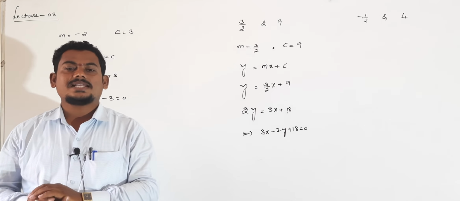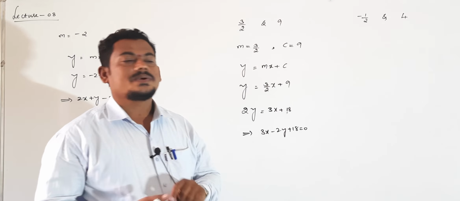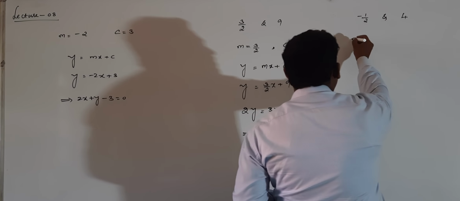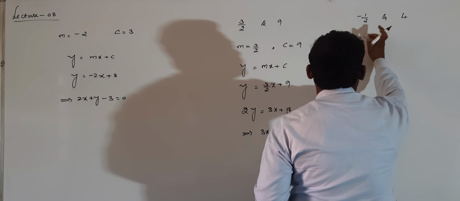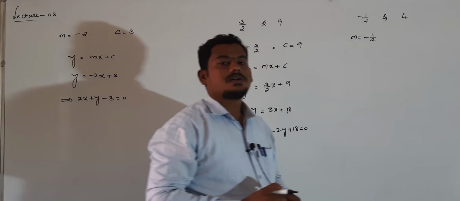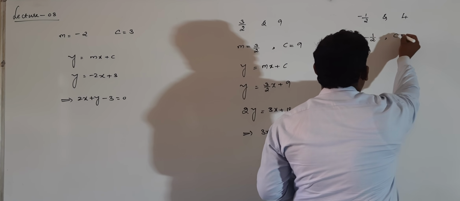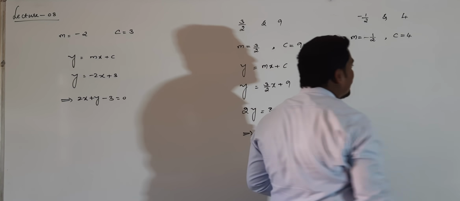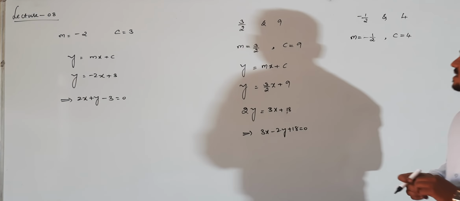The slope of the line and the y-intercept. Slope means small m value, right? Small m is equal to -1/2, and y-intercept means c value 4 they have given, right? Then find the equation of the straight line.